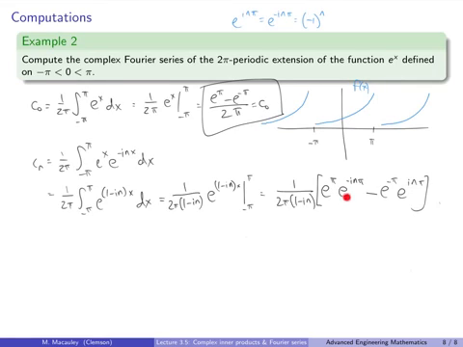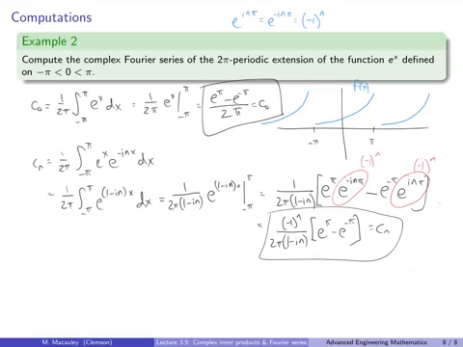So both of these things are just negative 1 to the n, so we can factor that out. And we can write this as negative 1 to the n over 2 pi times 1 minus i n, times e to the pi minus e to the minus pi. So this is equal to c naught.